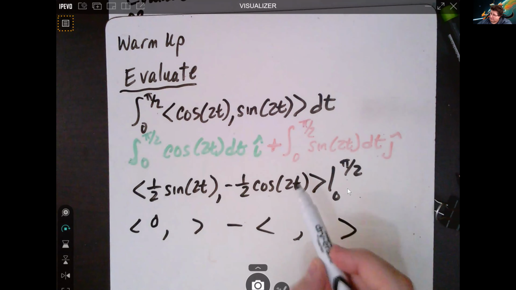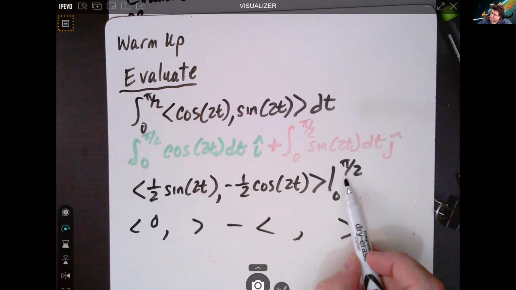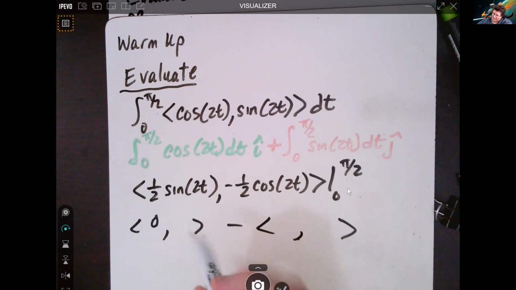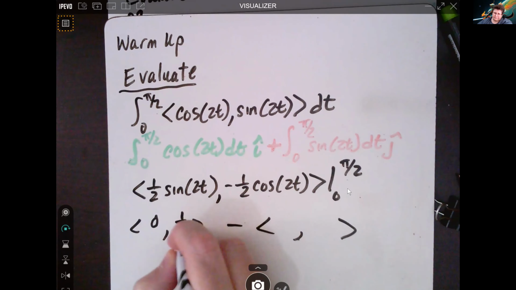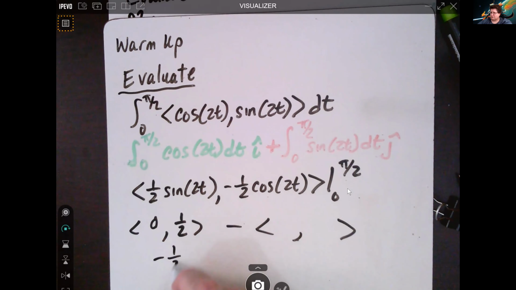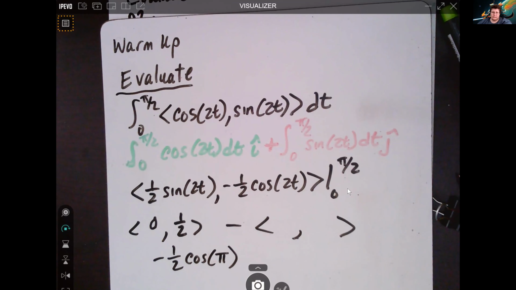And for cosine 2t, 2 times pi over 2 is pi. Cosine of pi is -1. -1 times -1/2 is +1/2.